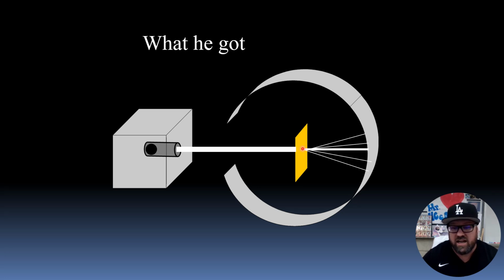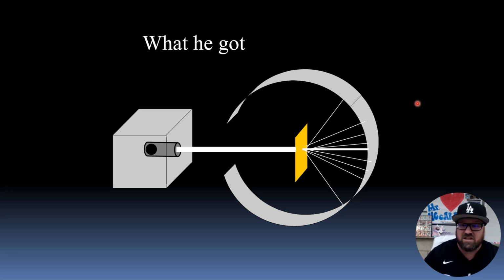So he started to get some particles that instead of going straight, started to bend and hit the indicator at angles. And then it got weirder because he detected a very few particles coming down at extreme angles, and this is what really was the mind bender. This changed everything. This changed Thomson and made Thomson's model no longer viable.